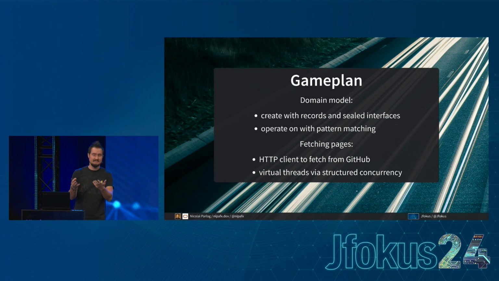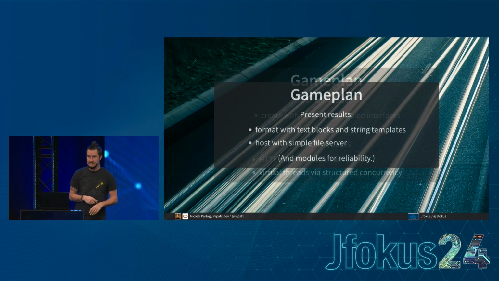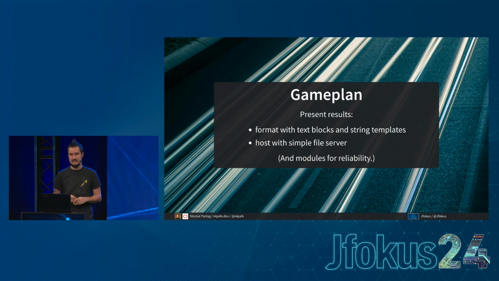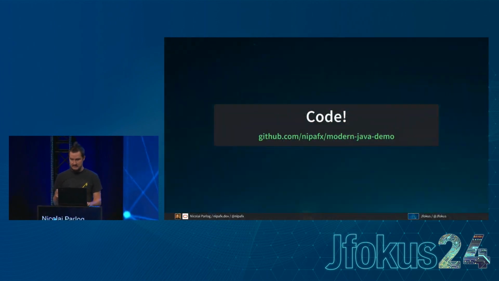Now, it doesn't make a difference because we're not going to request thousands and thousands of pages at the same time. But you could imagine if that were the case, how this could help. We'll present the results with text blocks and string templates, and we're also going to host a simple file server that's also included in Java since 19, I think. And just for fun, we're going to add some modules because they're always good. And with that, I want to get started with the code.